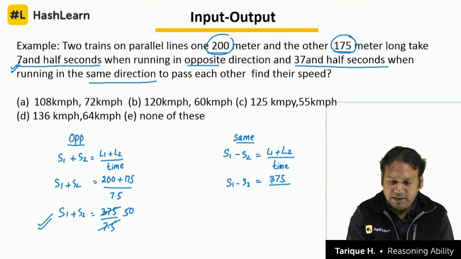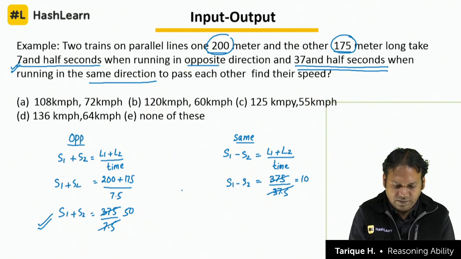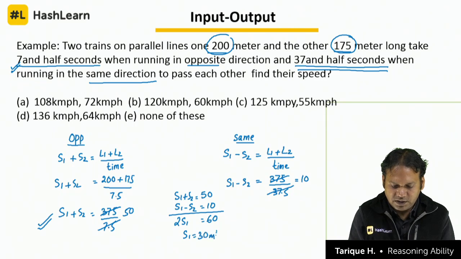By time, what is time? 37.5 seconds. Cancel it, 10. Two equations we have: S1 plus S2 is 50, S1 minus S2 is 10, 2 S1 equals 60 or S1 equals 30 meters per second.